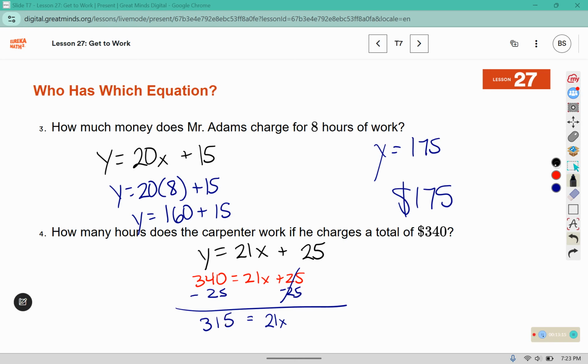Then divide both sides by 21 to solve it for x. 315 divided by 21 is 15. So that means he would have to work for 15 hours.